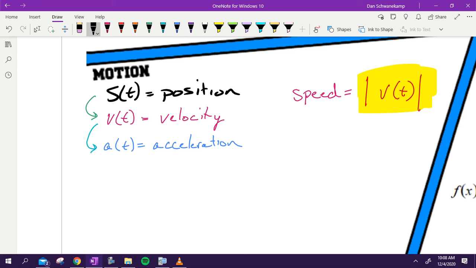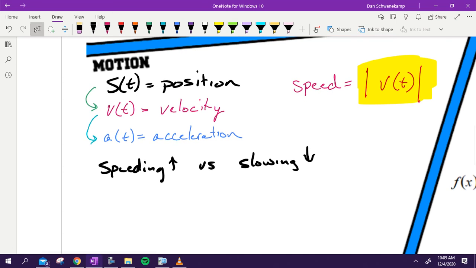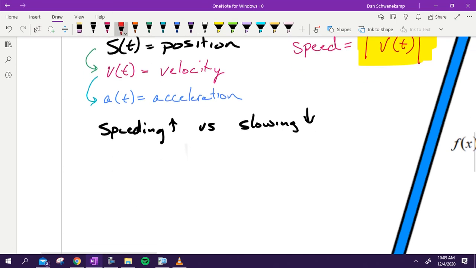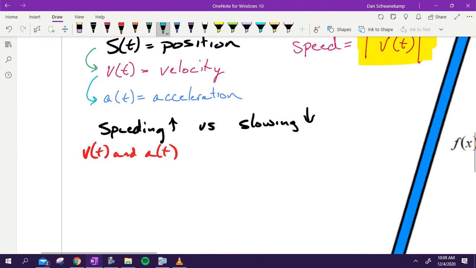Okay, what we did today in Bellwork, obviously important. Speeding up versus slowing down. If we are speeding up, what is going to be true? Same sign. So V of t and A of t, same signs.